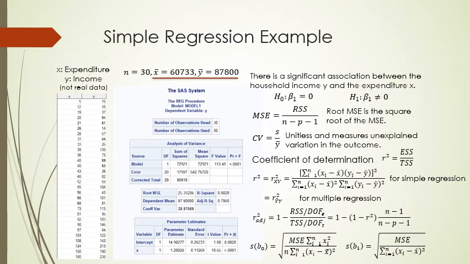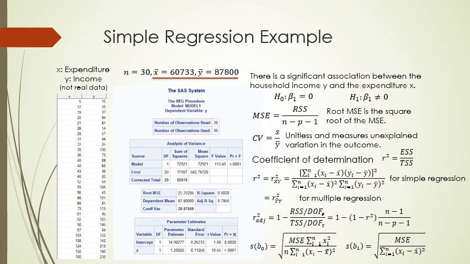The coefficient of determination equals the square of the sample correlation coefficient between x and y in simple linear regression. In multiple linear regression, it equals the square of the sample correlation coefficient between y and y hat.